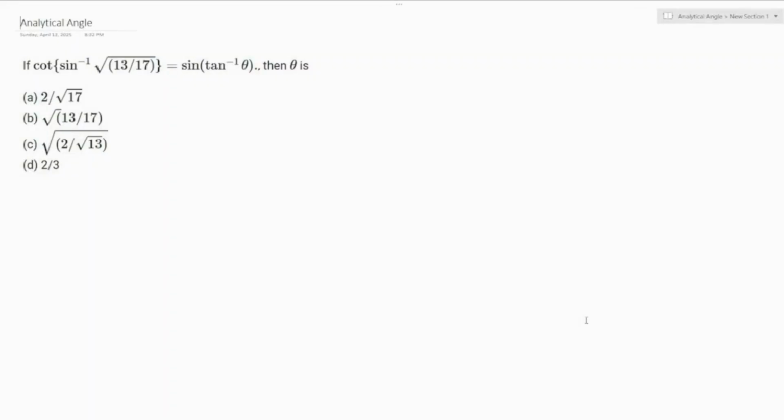So first of all, we will simplify the LHS. The LHS is cot of sine inverse root 13 by 17. So how can we simplify this?